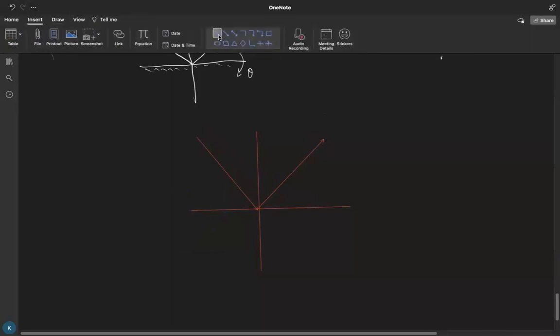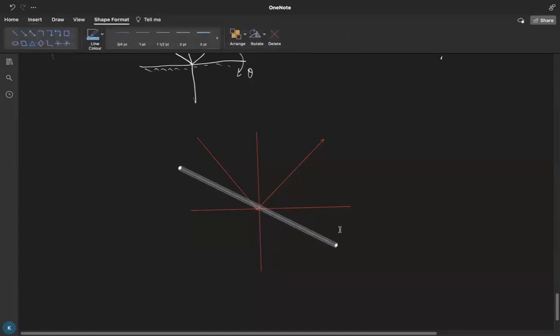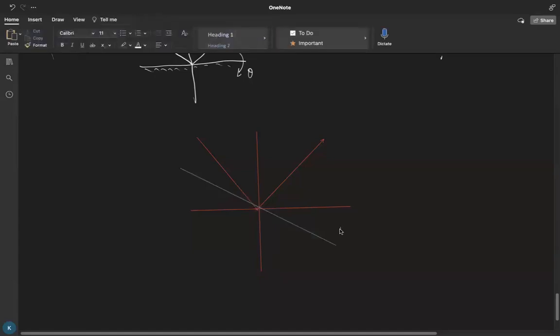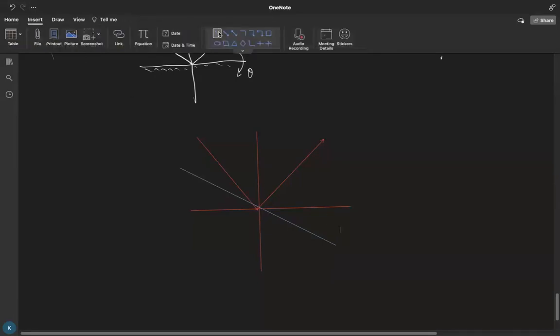So what I did is rotate the mirror by an angle of theta. Don't worry, I'm going to tell you each and everything. Our normal is also shifted by the angle of theta.